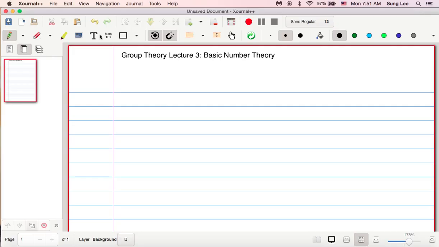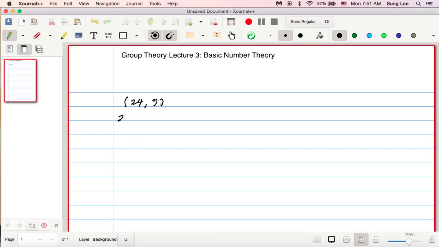Let us consider the GCD of 24 and 9. Okay, these are small numbers.